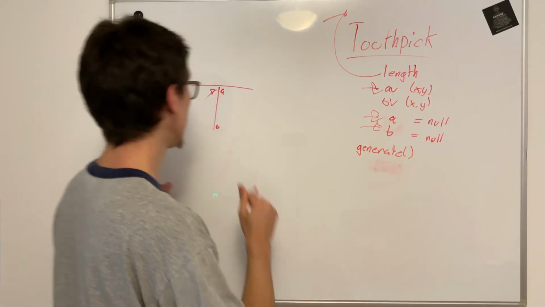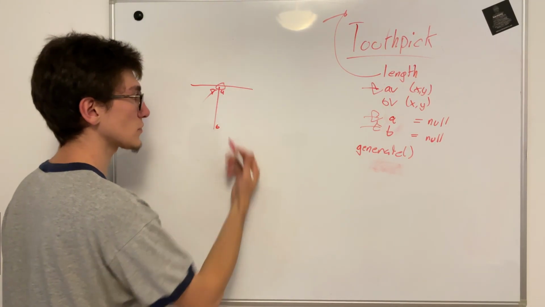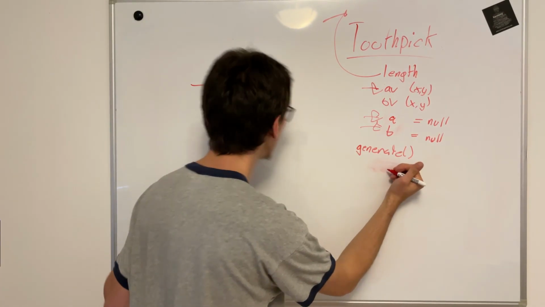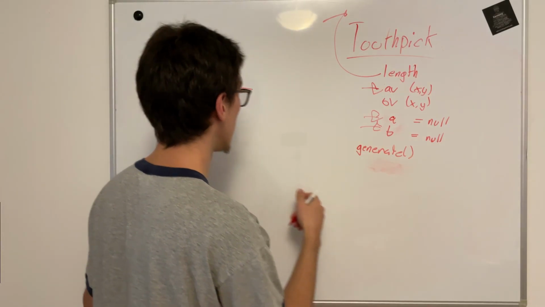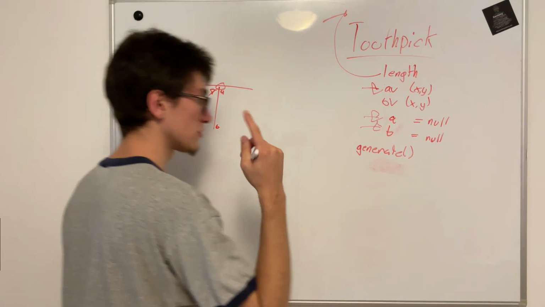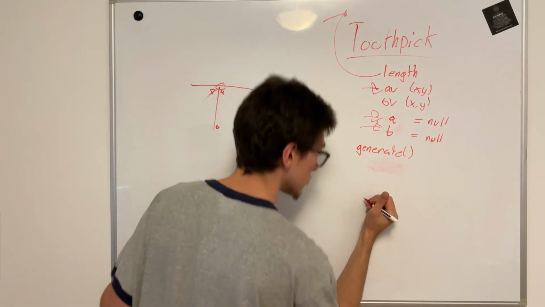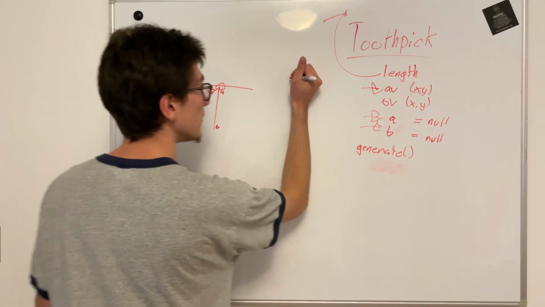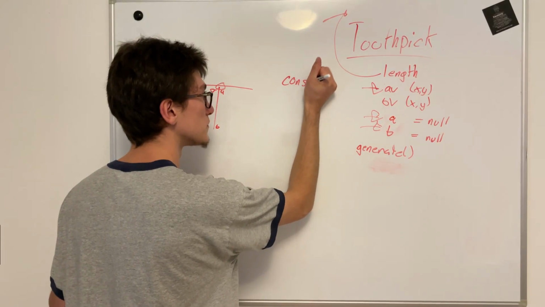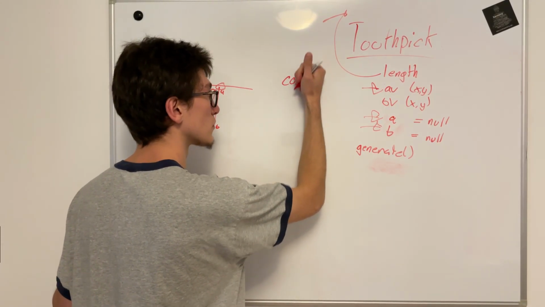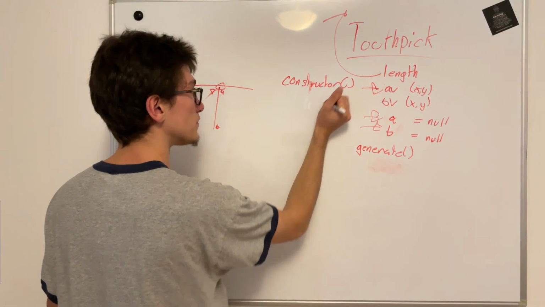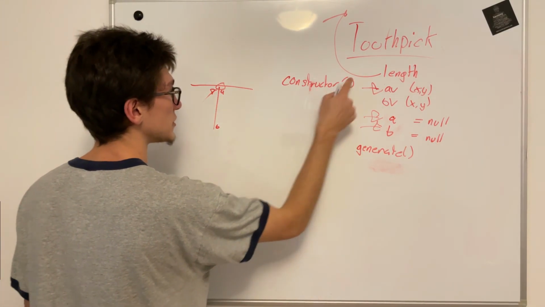So we have AV, right, which is this. What we can do in the generate function is just call the constructor of the toothpick. So let's think that a toothpick constructor, hopefully, I'll just write it here. So constructor, and this constructor will receive an argument.